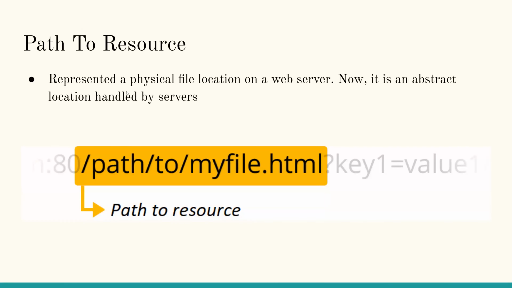Now, the path to the resource used to be a physical file location. Nowadays, this is more of an abstract piece of information. So think about whenever you create folders in your computer, if you want to save something in your spring 2024 folder, you might have another one inside that folder that says communication 212, and then you'd have a file saved within that folder.